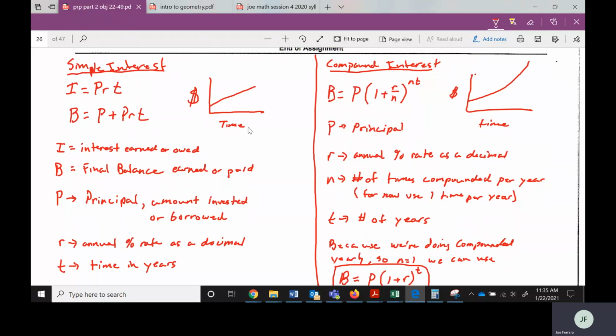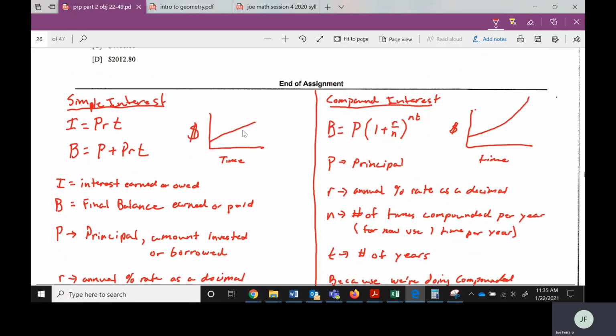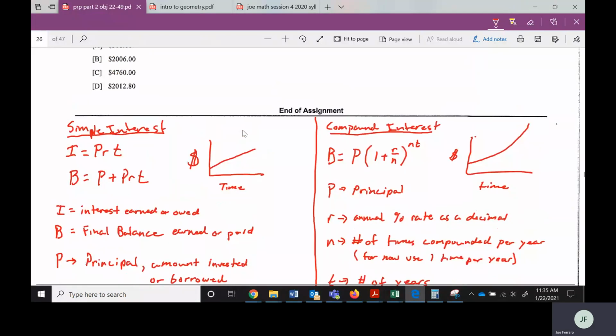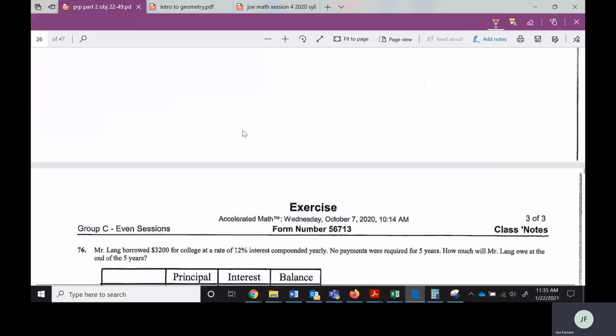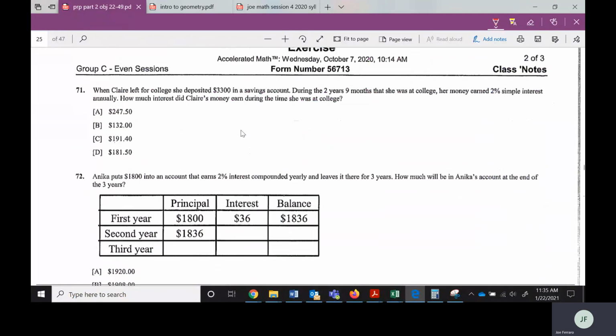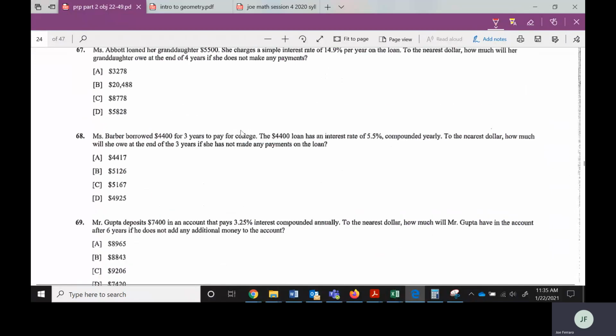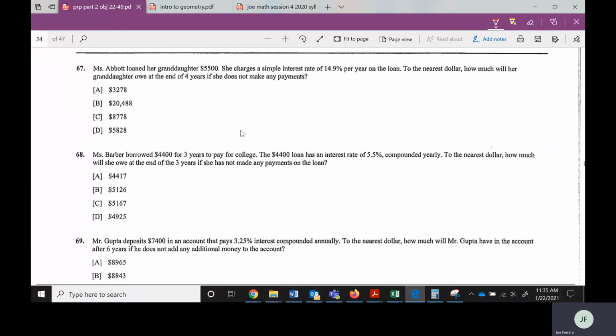So we're going to pick up just a few problems to do here, the basics. A couple examples here. So go back to the beginning. We're going to start with this problem.